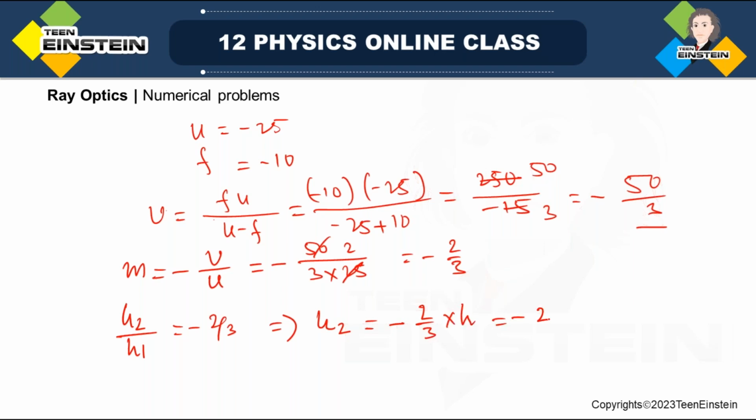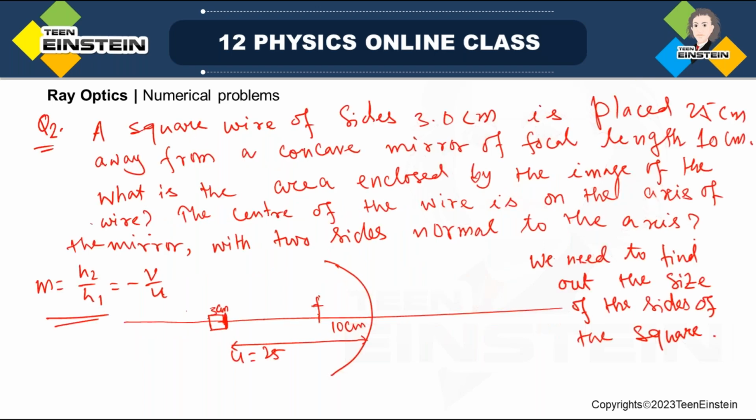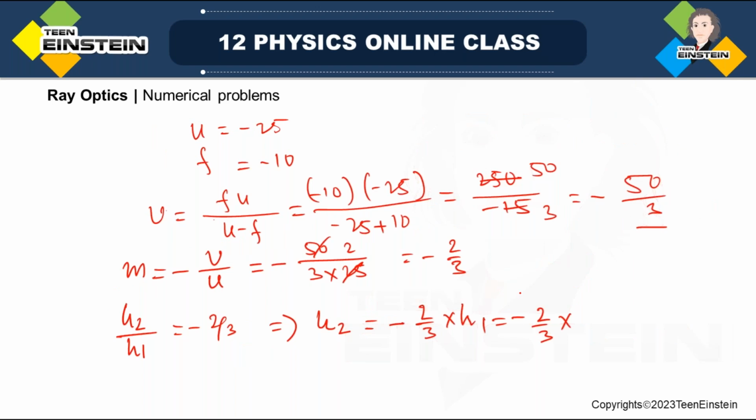H1 is the side of the object, that is 3 centimeter. So you will get minus 2 centimeter. Minus in the image means, see, I'm getting H2 as minus, that means it is an inverted image.